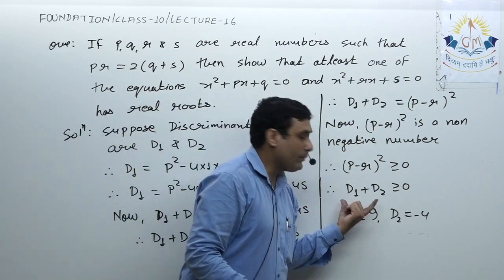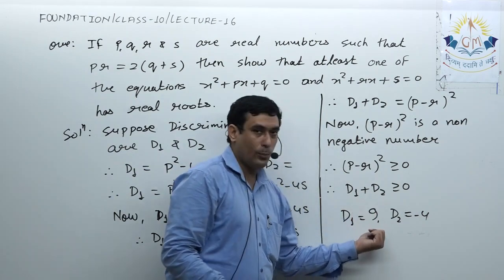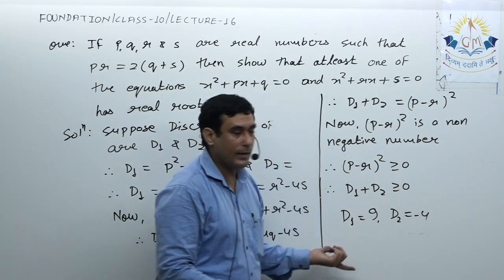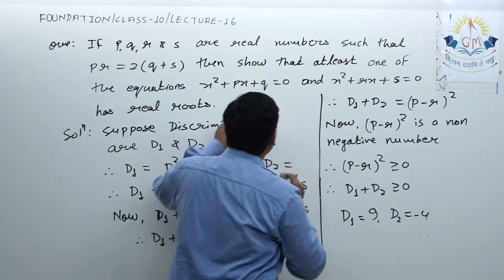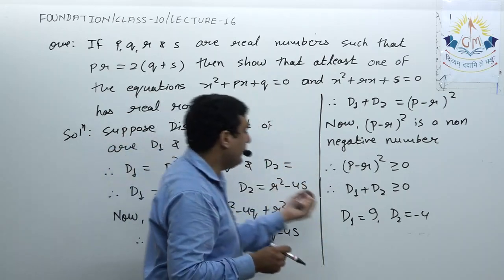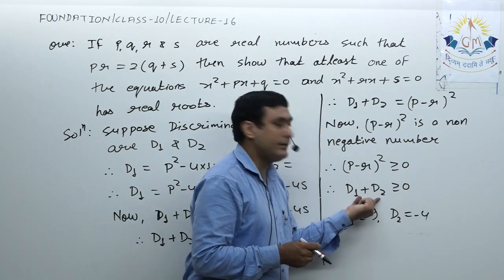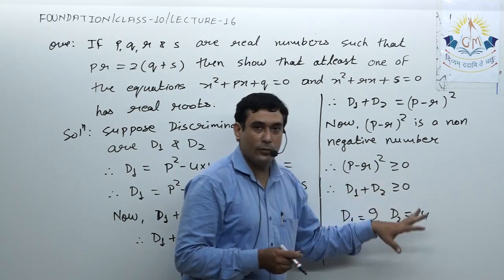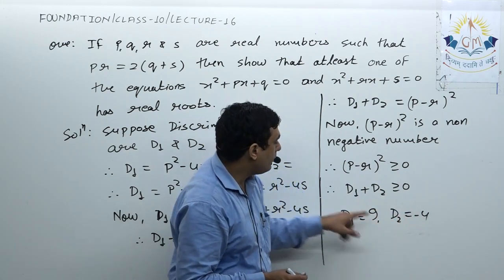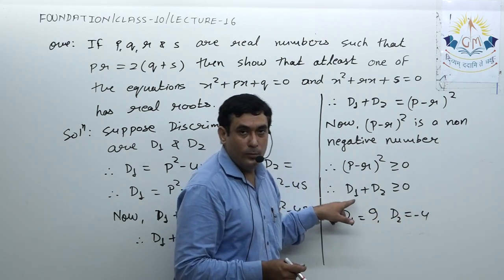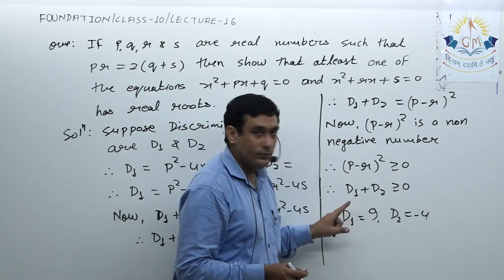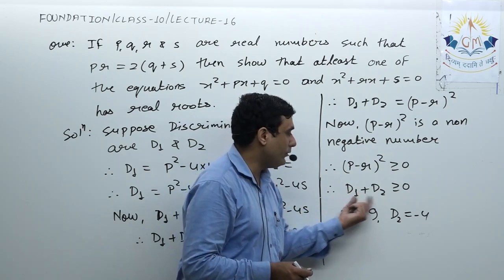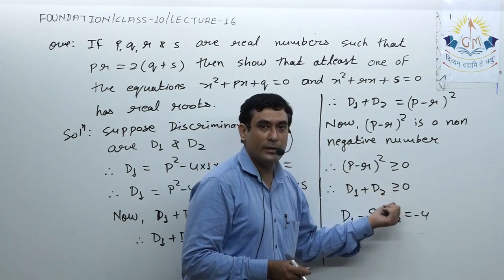Now if I consider d1 positive, it means it has real roots. They are not talking about equal roots, just real roots. It might be that d2 is 0. That means the sum of two quantities is greater than or equal to 0, so it is only possible that one number is non-negative. Both won't be negative, because if both were negative, the sum would not be greater than or equal to 0.